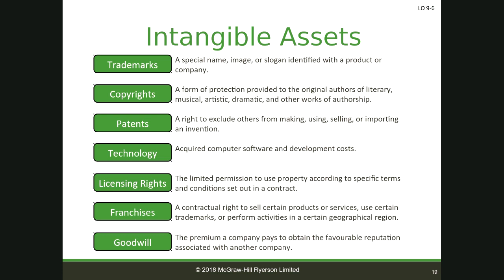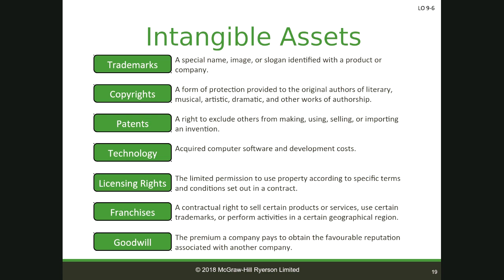The next category, copyrights. A copyright is a form of protection provided to the authors who do literary works, so that's people who write books. Musical, people who write songs. Artistic skills, so people who do paintings or sculpture work, those types of things. Drama, you may have an image of a certain person, that's important.